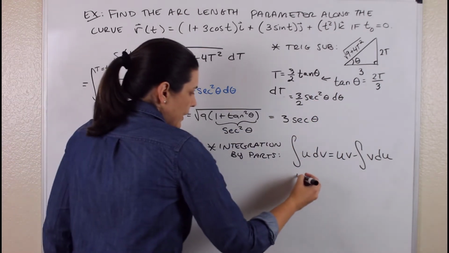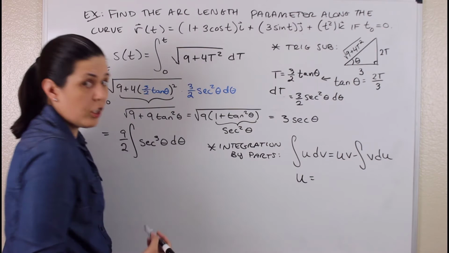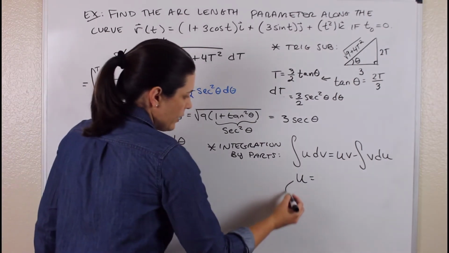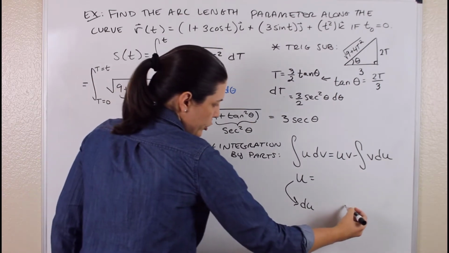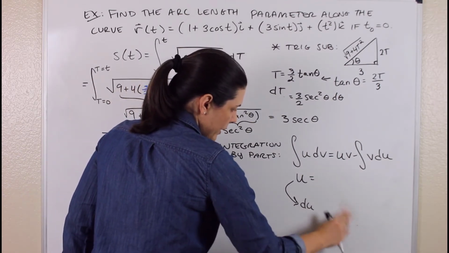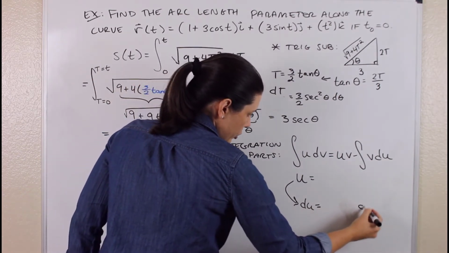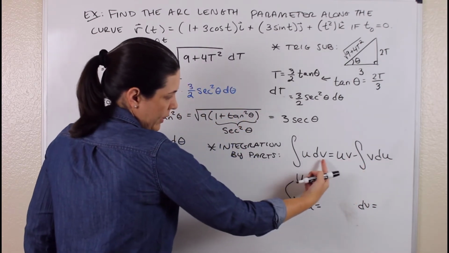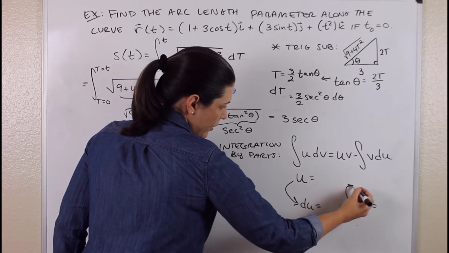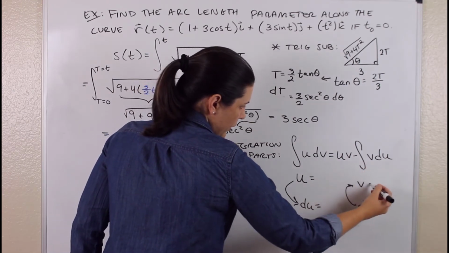So what you have to do in this case is you actually have to choose u, and then you find du, because you need it here, and then you choose dv, because you need it, it's from here, and then you find v, because you need it there.